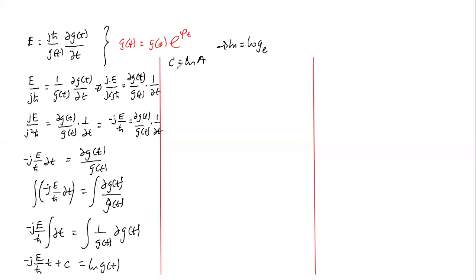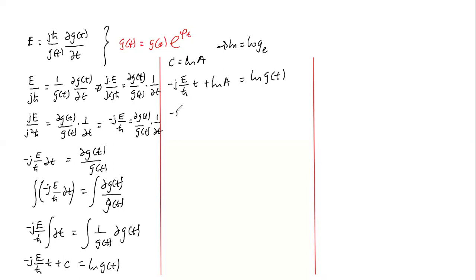So if c is the same as the natural logarithm of A, then once we plug that into this, we have that -jE over ħ t plus ln A is the same as the natural logarithm g(t).